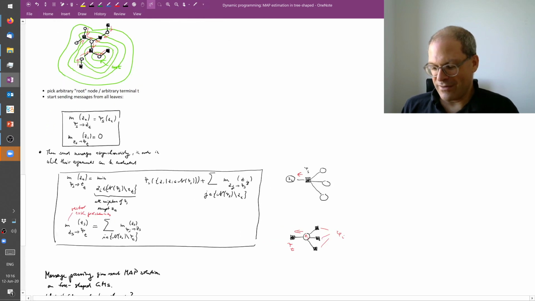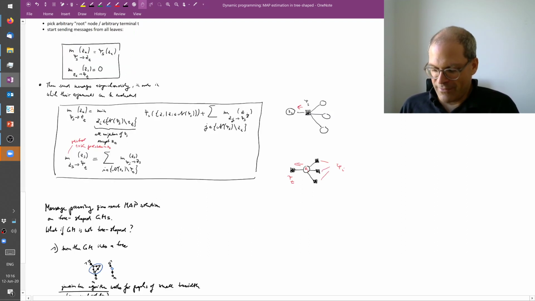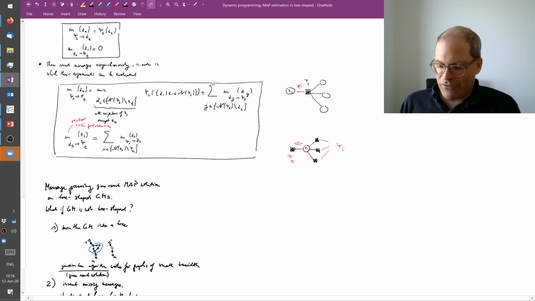So this is the main, the hard content of today. And in the rest of the lecture, we will then look at various ways of using this in computer vision. But before we go there, a few comments.